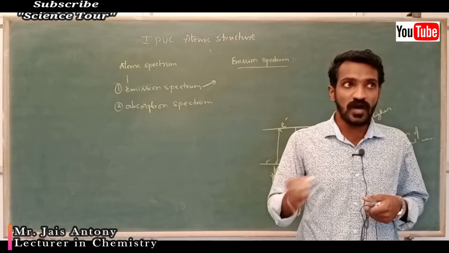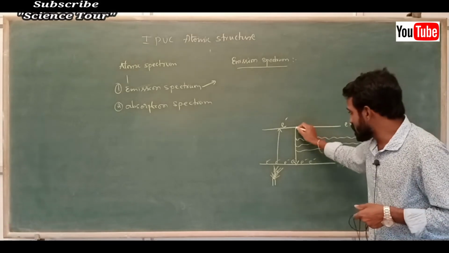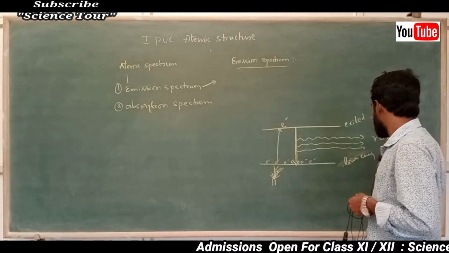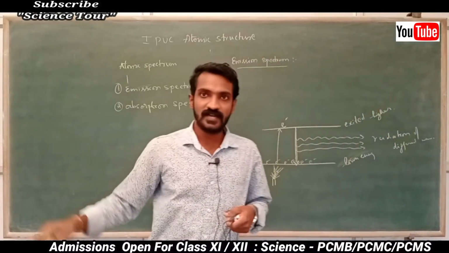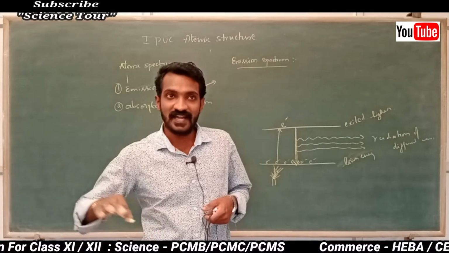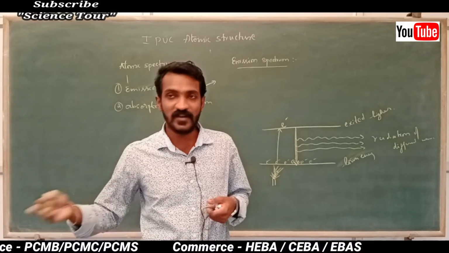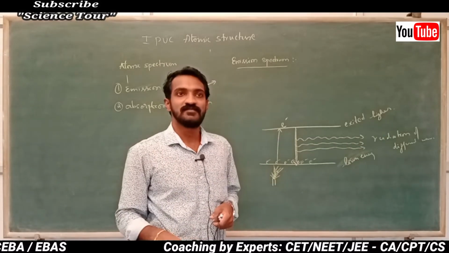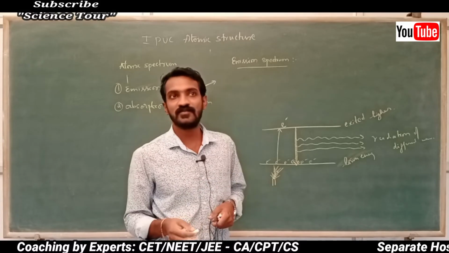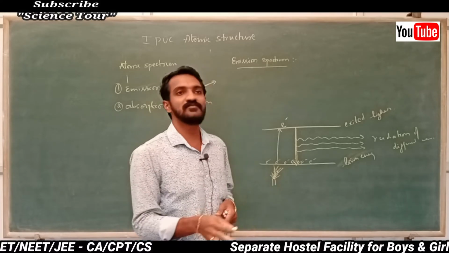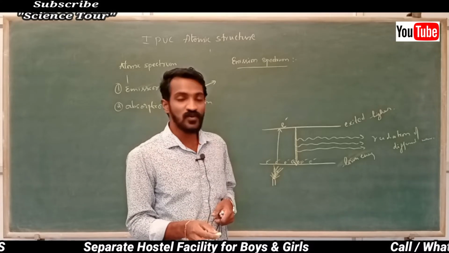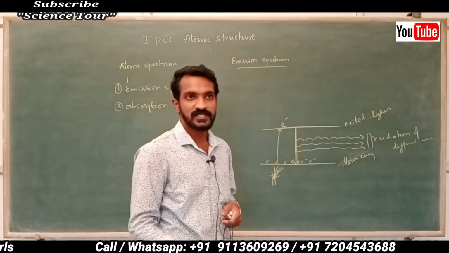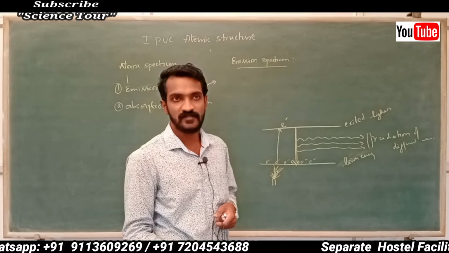That means the absorbed energy will be emitted, and it comes back to the lower energy level. Radiation is nothing but different light radiation of different wavelengths. Different colored wavelengths it emits, maybe yellow, blue, red or some other color. Understood? So arranging these wavelengths in the format of a spectrum gives the emission spectrum.